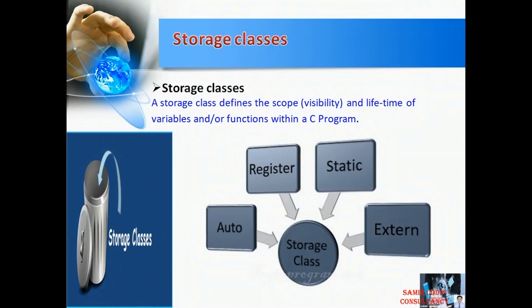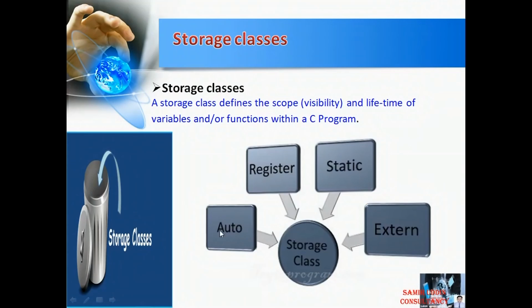The lifetime means how long a variable is going to remain allocated in the primary memory. By default, the storage class is taken as auto, which stands for automatic, for all C programs. They precede the type that they modify.